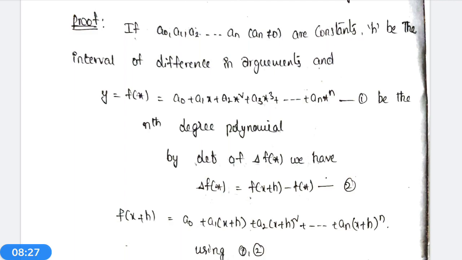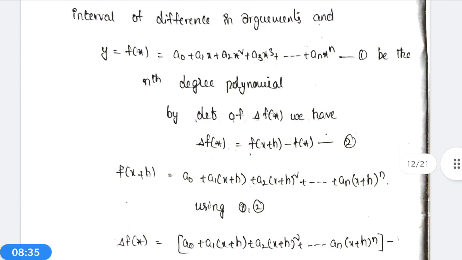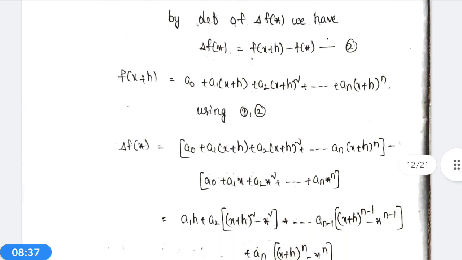Now delta fx is equal to, that is equation 2, what is 2? Delta fx is equal to f of x plus h minus fx. Therefore delta fx is equal to a0 plus a1 into x plus h plus a2 into x plus h whole square plus etc. plus an into x plus h whole power n.